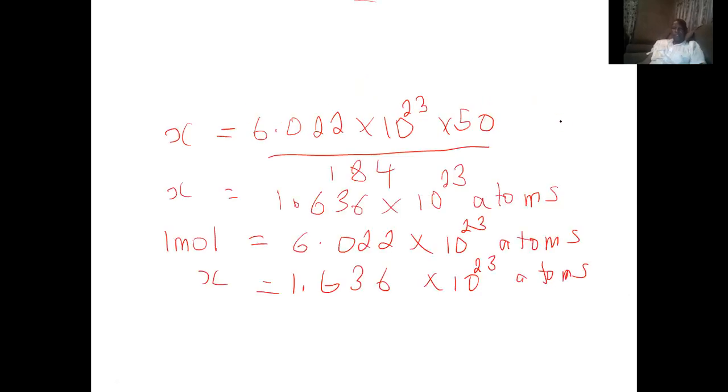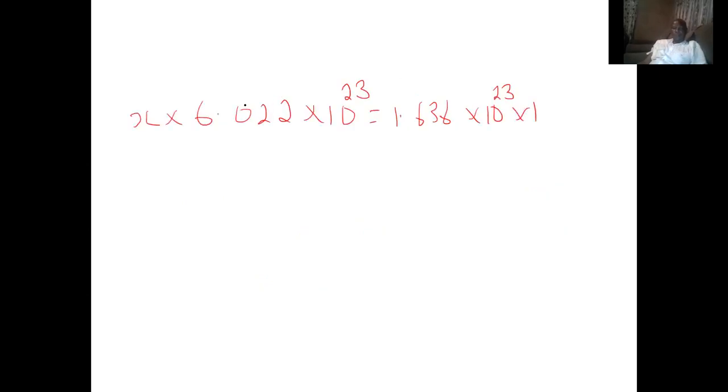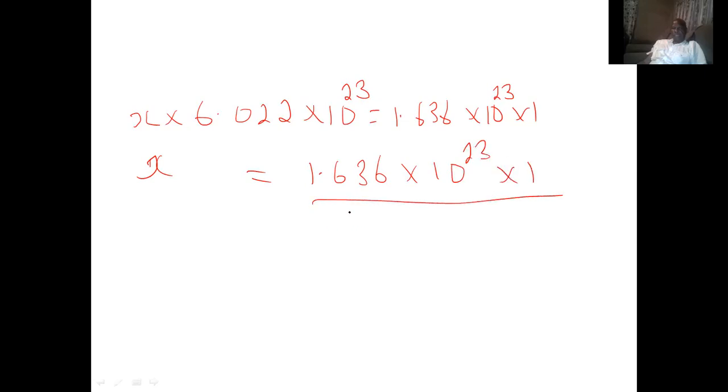So X is equal to 1.636 multiplied by 10 to the power 23 divided by 6.022 times 10 to the power 23.